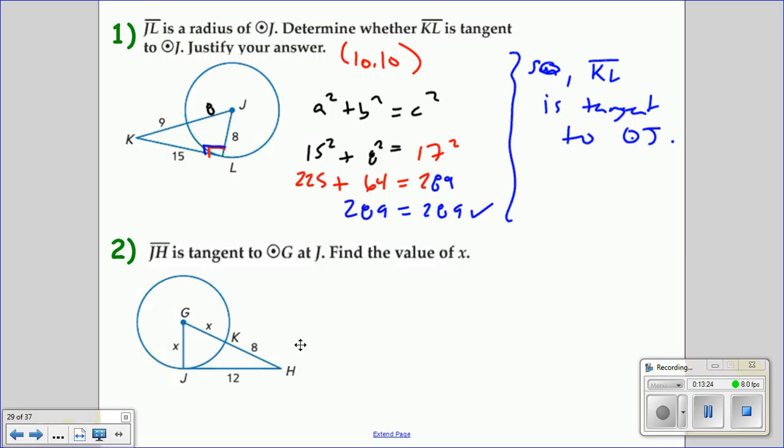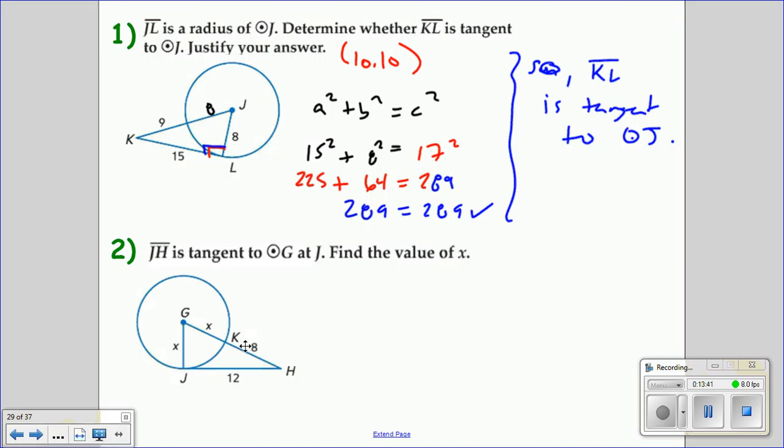The reason they're congruent is because they both intersect the circle at one point, JH at J and GH at K, and they both meet outside at point H.